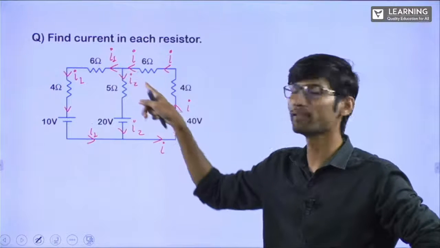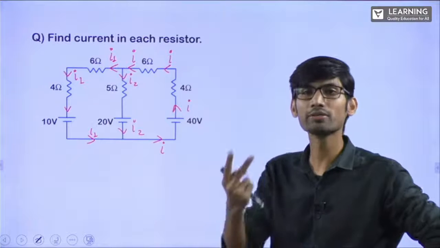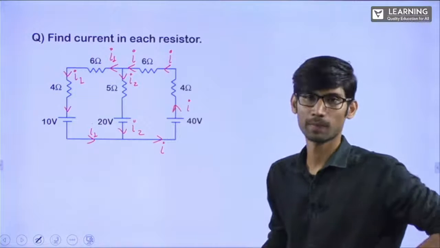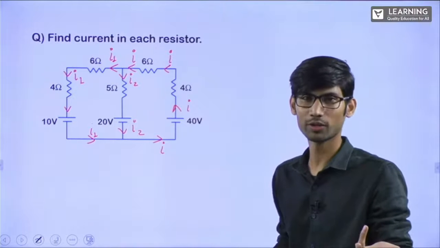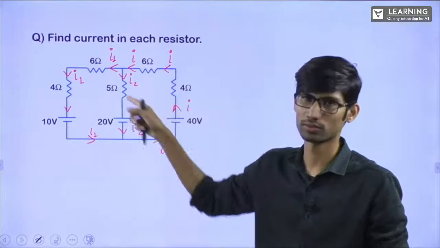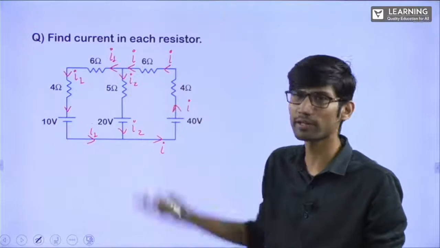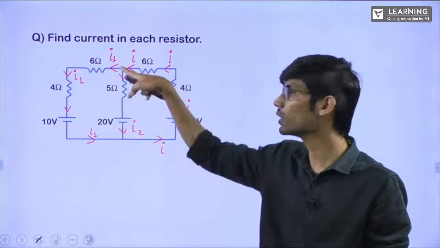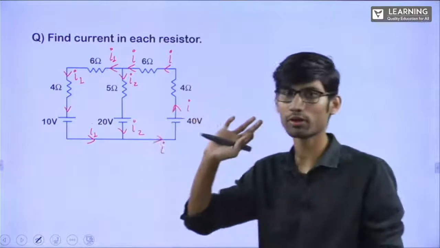So we have to select two loops to get the answer, because we need two different equations. If two unknowns are there, we solve two simultaneous equations and get the two values, right? Don't say there are three unknowns, because this 3 is basically I1 plus I2 only. If we get I1, I2, then I is I1 plus I2 only, right? There are two unknowns, so we need to write equations from two loops.